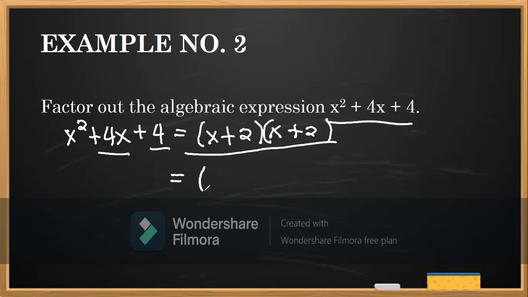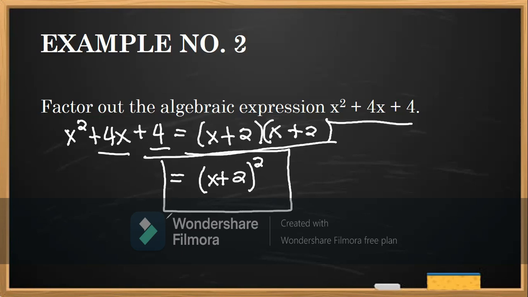So this is x plus 2 squared. This is our answer for this item. Now, if you need to verify if this is true, just use special products. Okay, questions for this item. Okay, let's proceed.